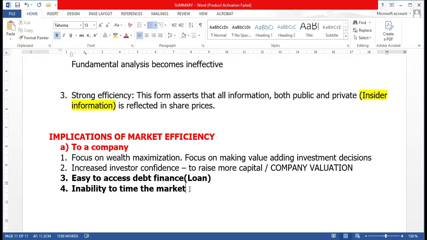Since public information is already included in the price, there is no way you're going to say, okay, let me plan and issue my shares or my bond in this particular period. So no timing advantage here.